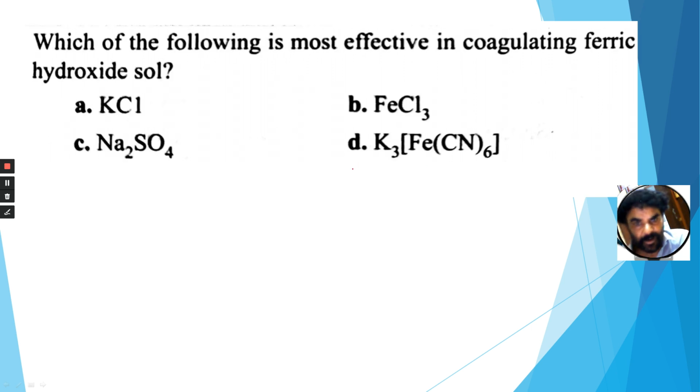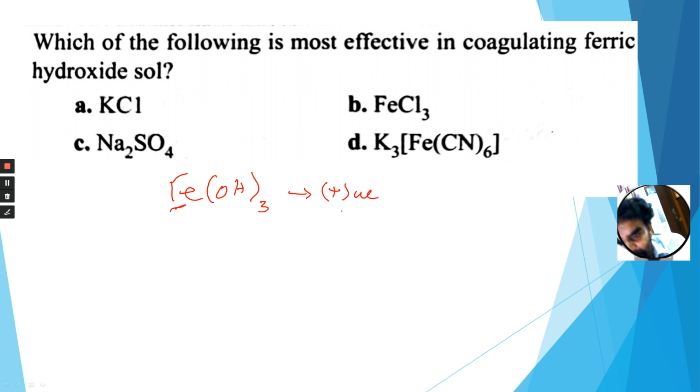Next one, more effective. Which of the following is the most effective in coagulating ferric hydroxide? Ferric hydroxide is first of all a positively charged colloid, so an anion is required. The anion is the coagulating ion. Which anion is more effective?